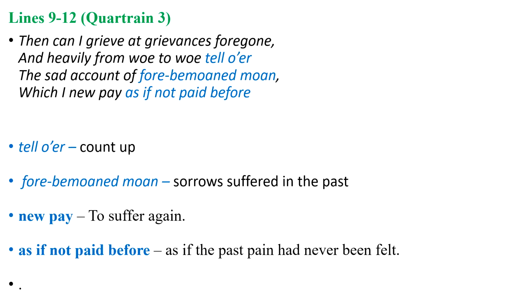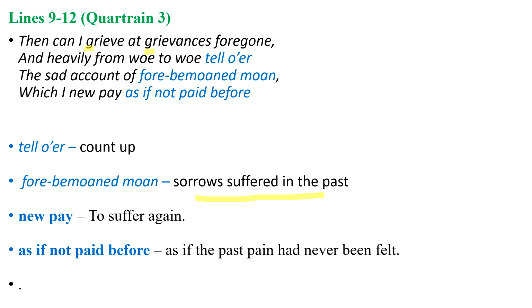In the third quatrain of the poem, the poet continues to express how during these reflections, during a meditative silence, he re-experiences past griefs. So here, tell over means count up or bemoan sorrows suffered in the past. So then can I grieve at grievances foregone.